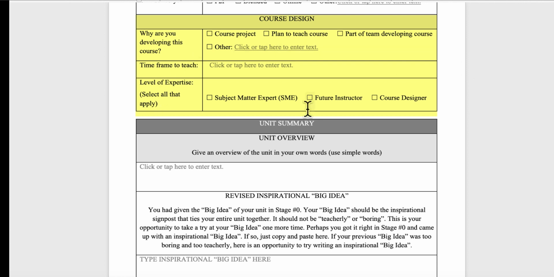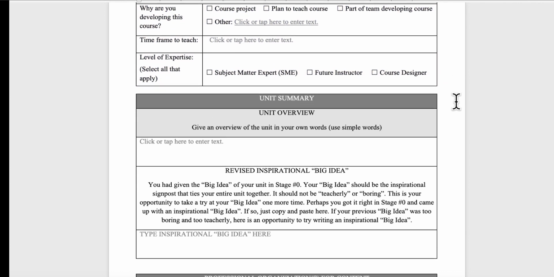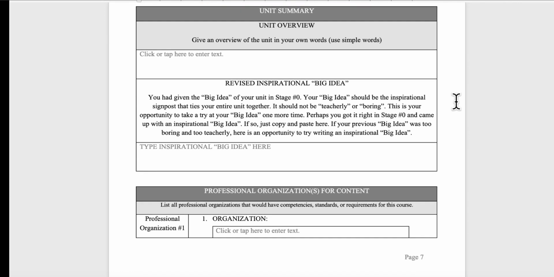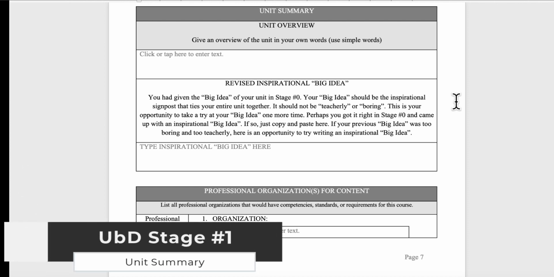And then it's asking whether this person is learning about the information, is going to teach this in the future, or is designing a course, or is an expert at that subject area. So the next part is our unit summary.